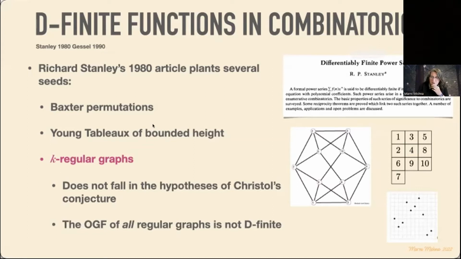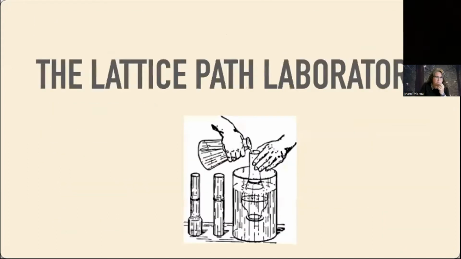Okay, so I found 16,000 hits on D-finite functions on Google Scholar since 1980. So that's again, somehow evidence that this is a very active field. Okay, so keep in mind these initial seeds here.